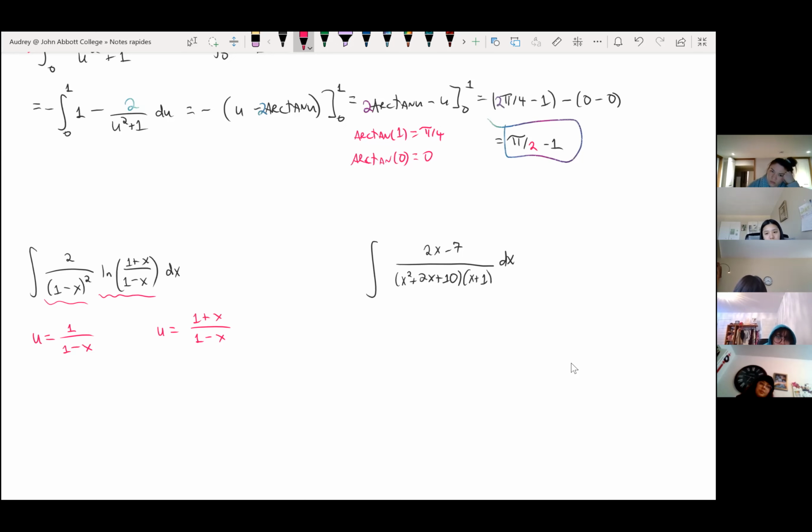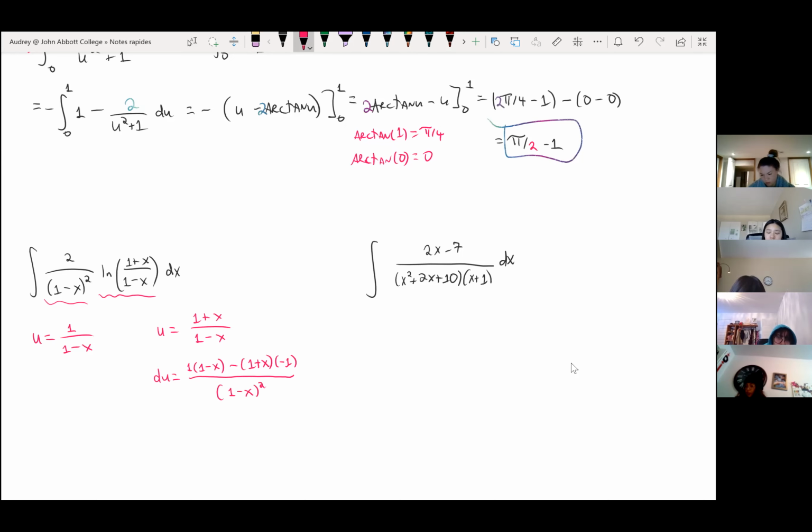So like picking a u with a problem like this that just looks really, really unfamiliar, very different from like the forms that we're used to seeing. Picking a u and seeing what happens is going to be useful. So I'm going to see what happens with these u's. So over here, my du is going to be the derivative of the top times the bottom minus the top times the derivative of the bottom divided by the bottom squared.